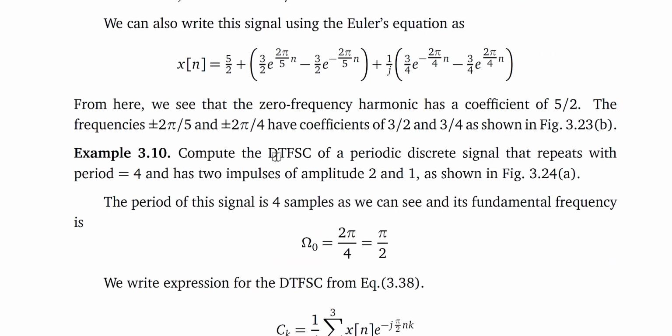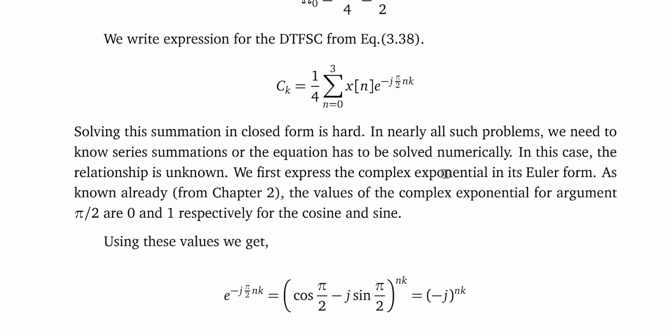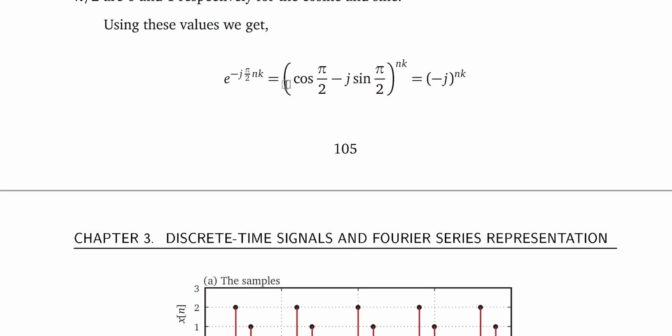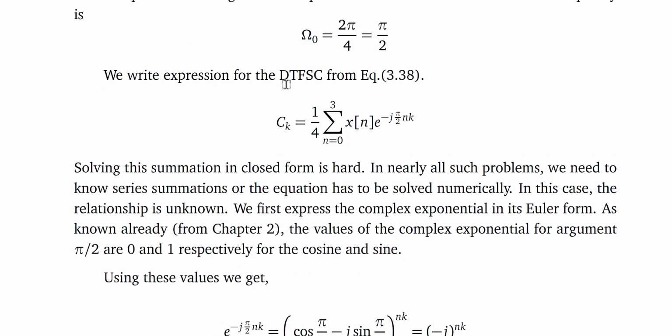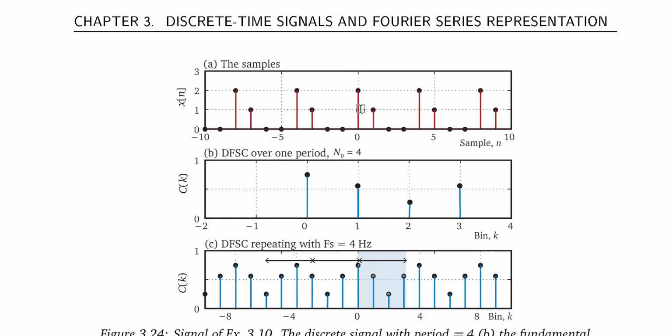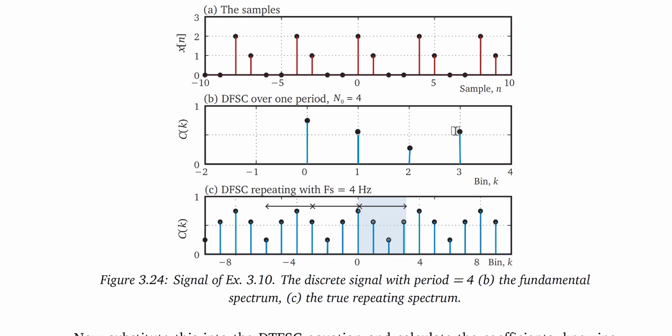Okay, so here we are going to compute the DTFS coefficients of a periodic discrete signal that repeats with period 4 and has 2 impulses of amplitude 2 and 1, as in this figure. This is a pretty simple looking time domain signal. We can write it out using the coefficient equation, and the spectrum we get is like this.